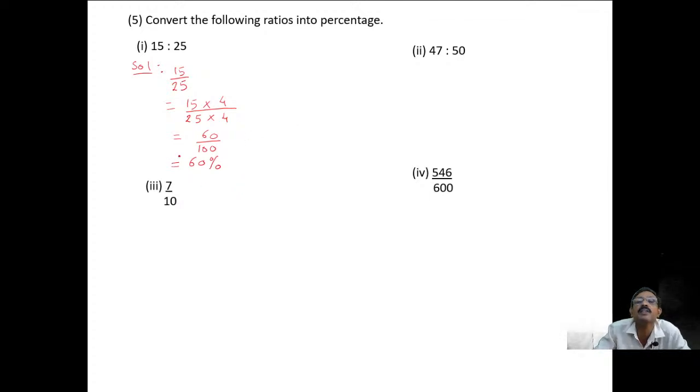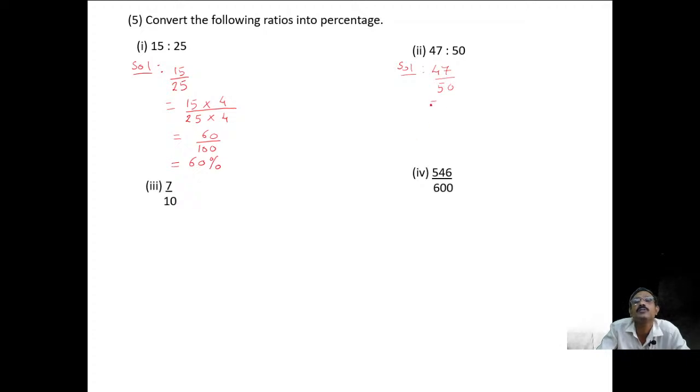Let us take one more example. 47 is to 50. This is one of the easiest examples. Write it, 47 upon 50.